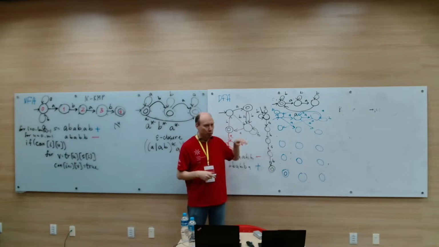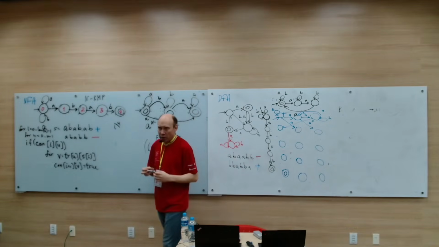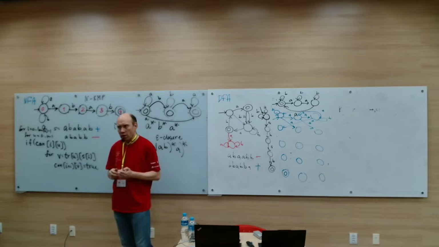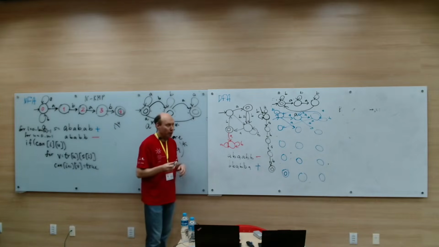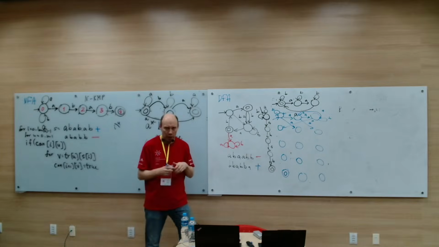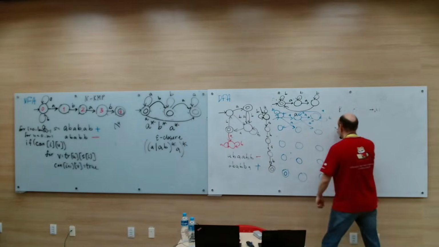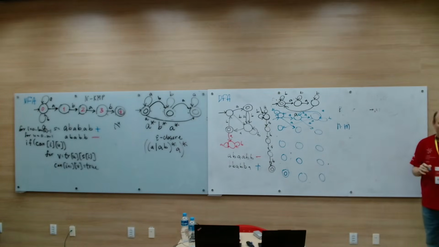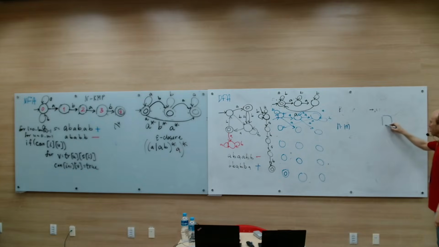There is another option for OR, which is actually better for DFAs. If it's an NFA, then putting them side by side is better, because with the product you get n times m states, and if you put them side by side, you get n plus m plus maybe 2 states.